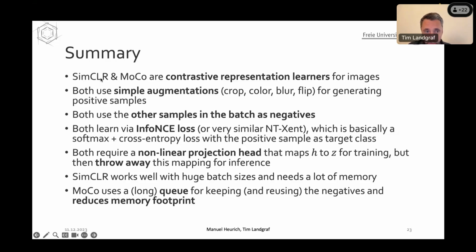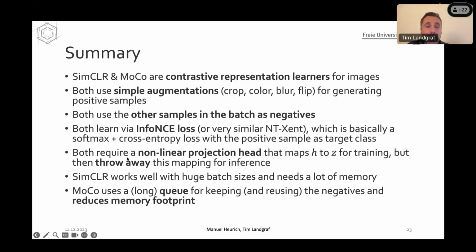By the way, SimCLR comes with an implementation by the authors. I think MoCo too, but I haven't looked at it yet. They both use samples in the batch or in the queue as negatives, so there are much fewer positives than negatives. Both employ the InfoNCE loss, which is basically the softmax, or negative log likelihood of the softmax classifier, so softmax plus cross entropy, using the positive sample as a target class.